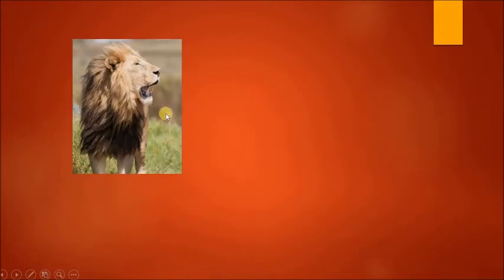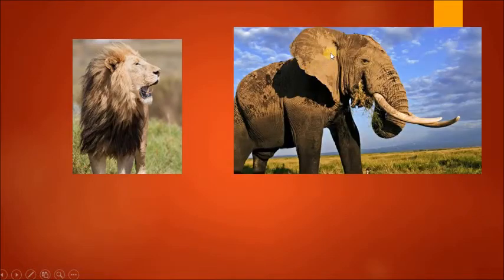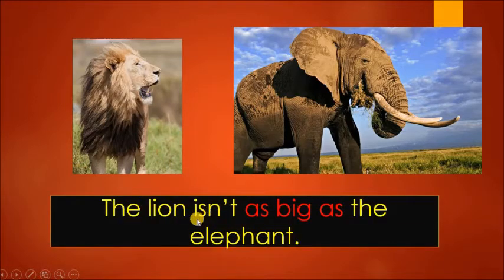Now look at this lion. We know that lions are big. Against an elephant, we can say that the elephant is bigger. So using the structure as big as, we can say that the lion isn't as big as the elephant.